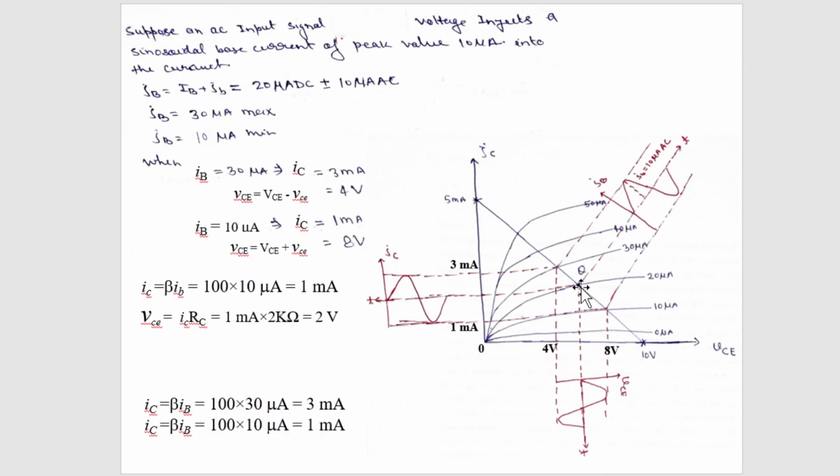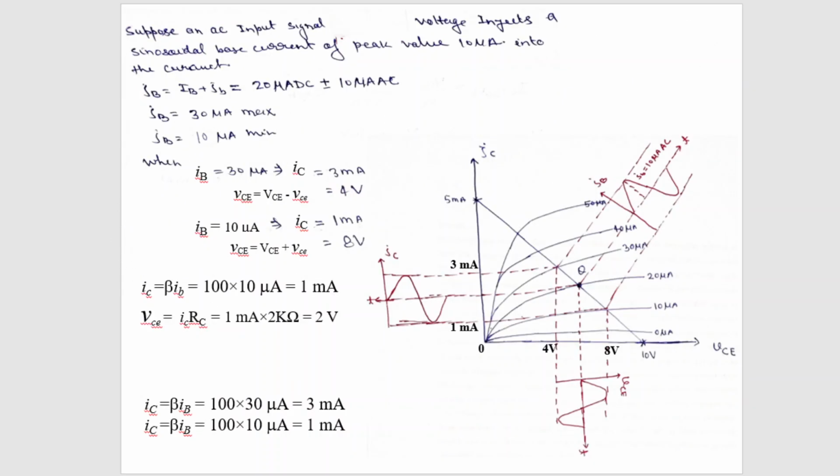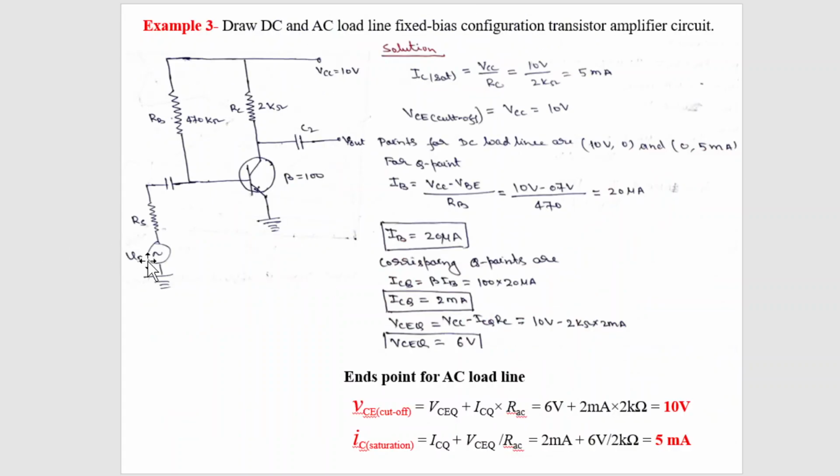Now let us assume that the input signal we have applied has some current value. Suppose an AC input signal voltage injects a sinusoidal base current. When we apply this input AC signal, it will obviously inject a sinusoidal base current.